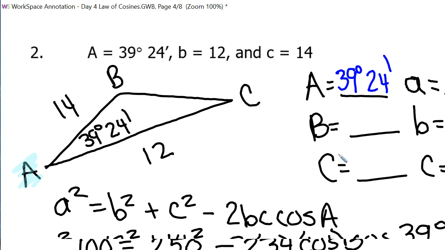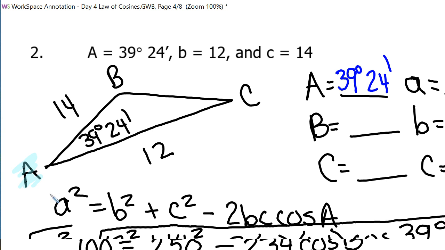Now, let's not try to do a whole bunch of unnecessary work. We're solving for A. What's happening to A? It's being squared. So what's the inverse of squaring? Square root. So square root the left side, square root everything on the right side, and let the calculator do it for you. So the square root of A squared is A, and we are rounding side to the nearest tenth. Now notice your angle is in degrees and minutes.